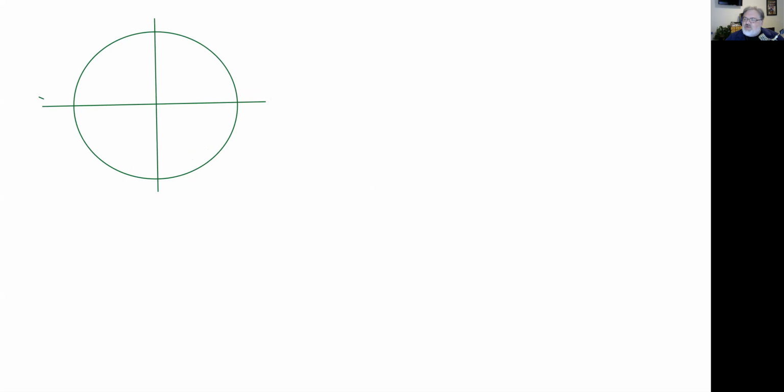So I want some different rays here, and I want to color code them. I want a ray coming out through quadrant 1. I want a ray coming out through quadrant 2. A ray coming out through quadrant 3. And a ray coming out through quadrant 4.